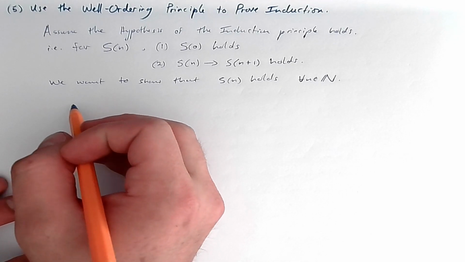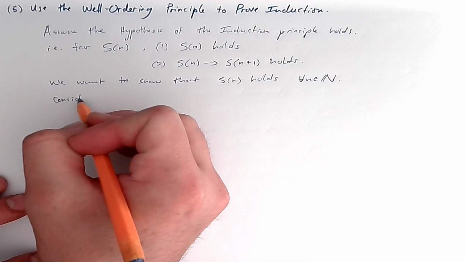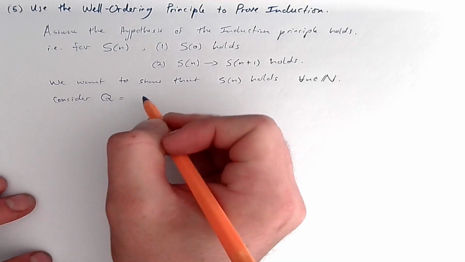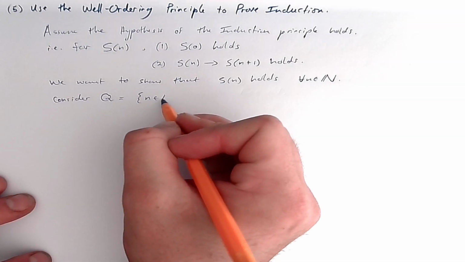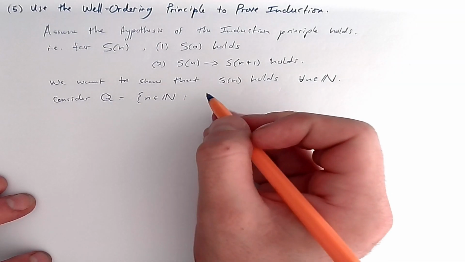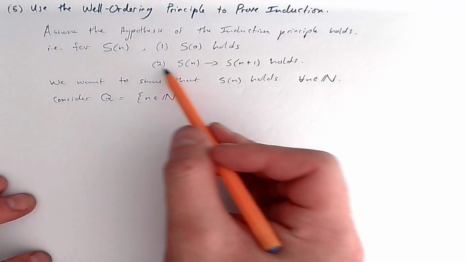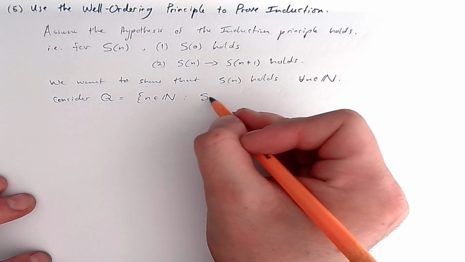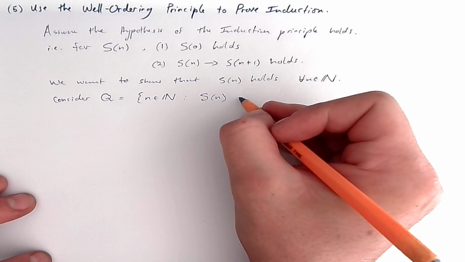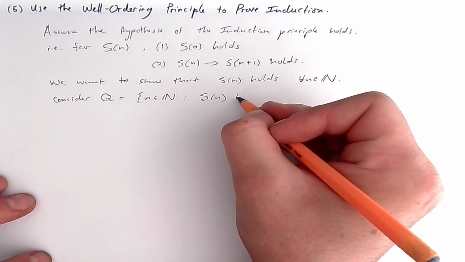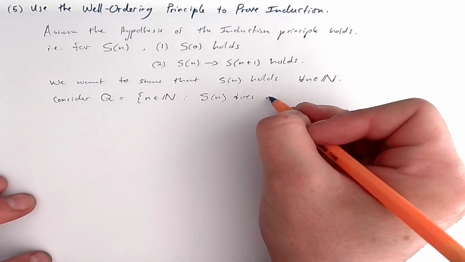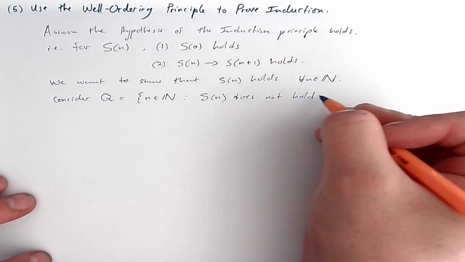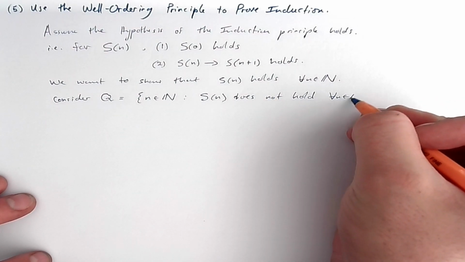Okay, so to do that, let us consider a set Q which keeps track of the indices for which the induction principle hypothesis is true, but for which the conclusion does not hold for all natural numbers.